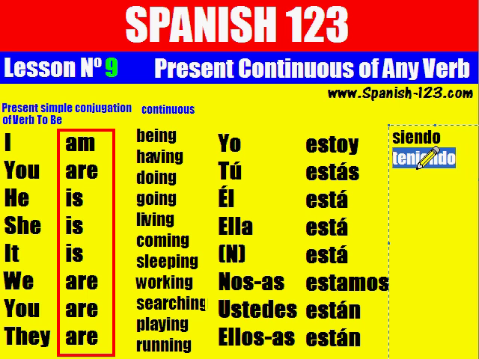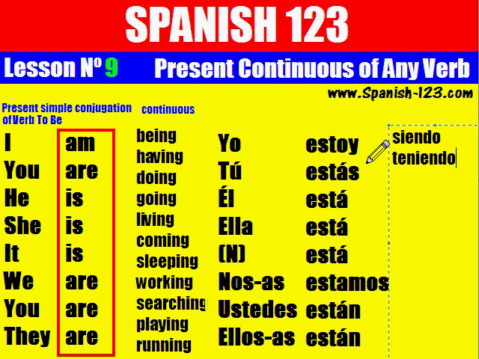Verb tener is very important. Verb to have in English is verb tener. This is the original verb. Tener, to have, that is the infinitive form. And the continuous is teniendo.